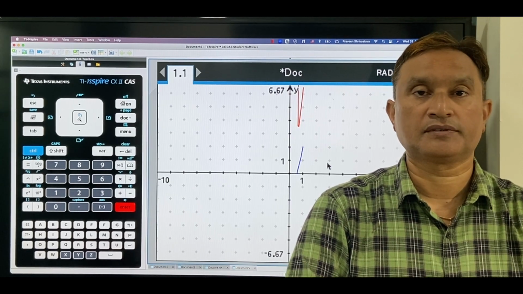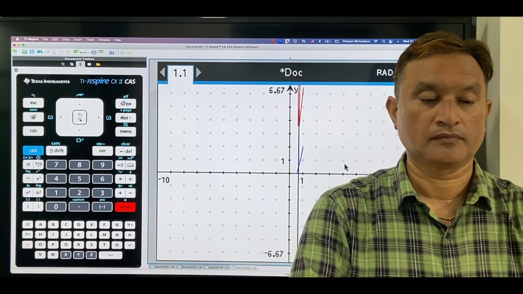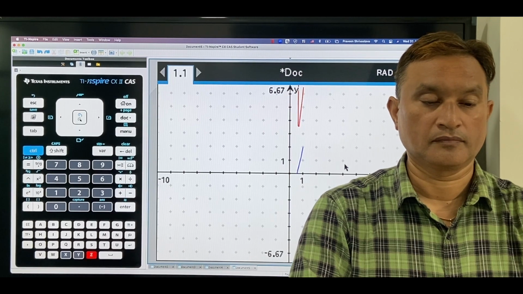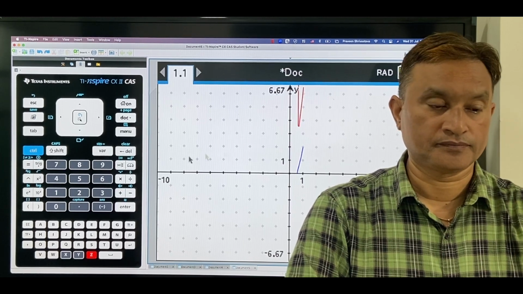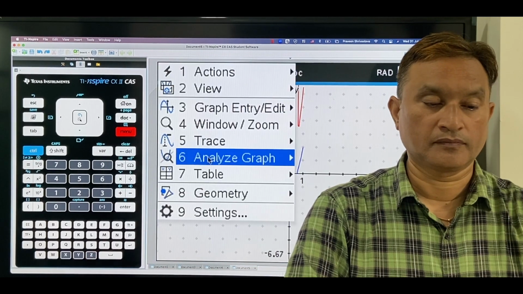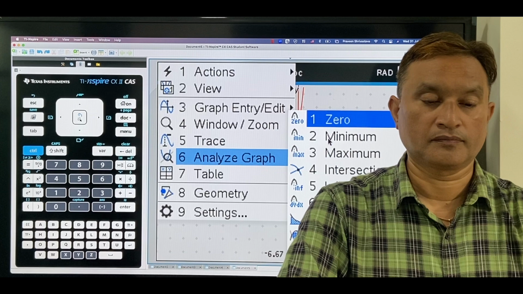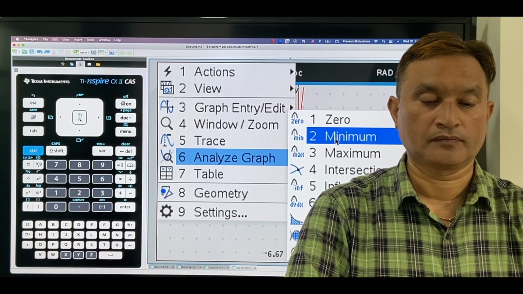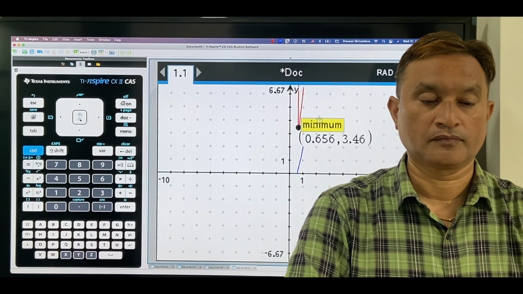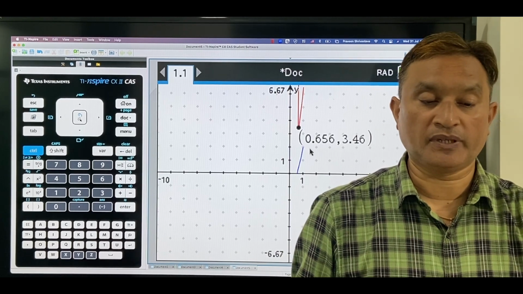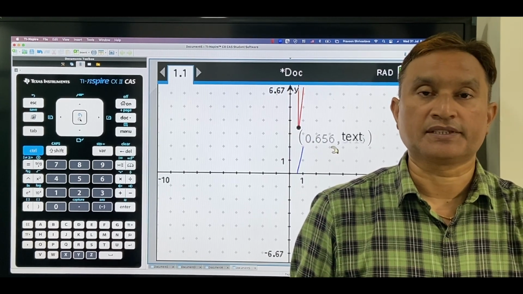So this is the graph of derivative. Now we will find out the coordinate of the point here. So the value of x would be 0.656.